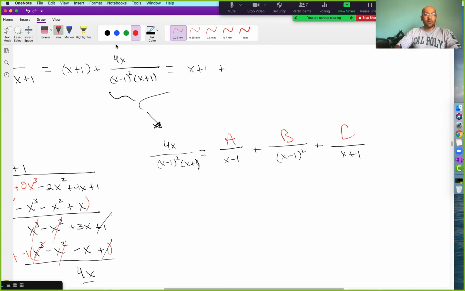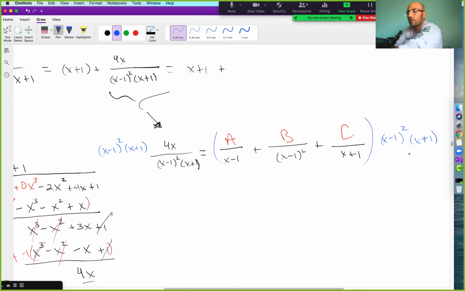Good. I'm going to multiply both sides of the equal sign by the denominator, (x minus 1) squared times (x plus 1). Good.